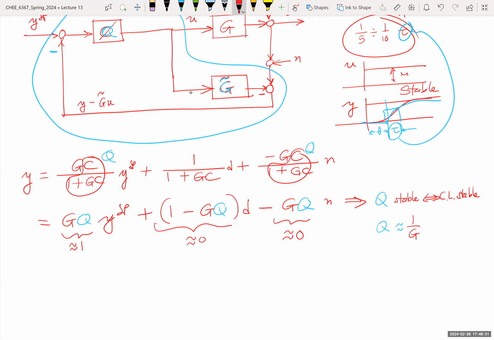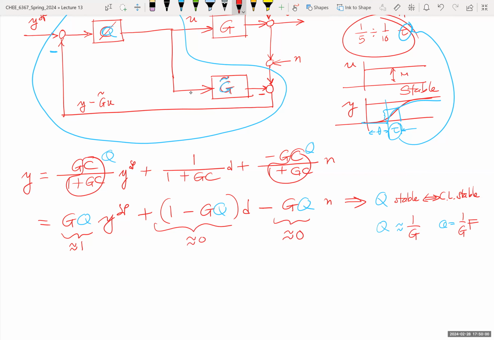If it's not stable, we have to modify it somehow. So Q must be 1 over G. And if 1 over G is stable, we said that Q is equal to 1 over G times F. We saw that in continuous time systems, right? This is our beautiful IMC design, which gives us in half a line various capabilities and limitations of feedback.